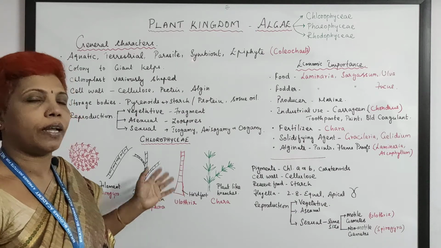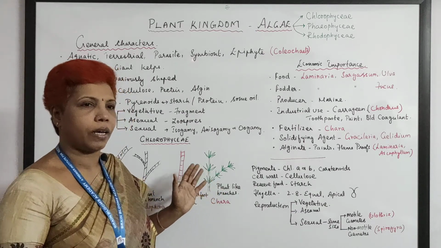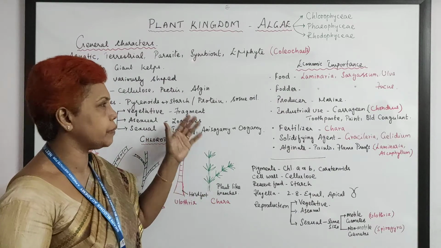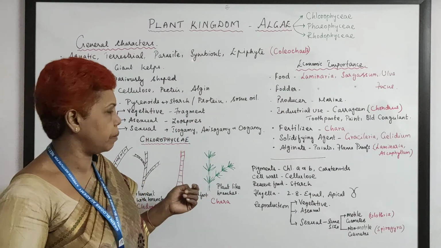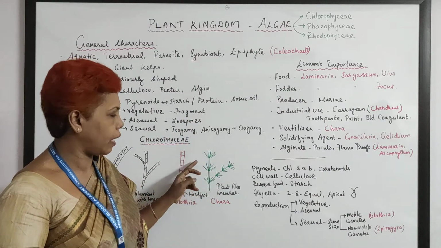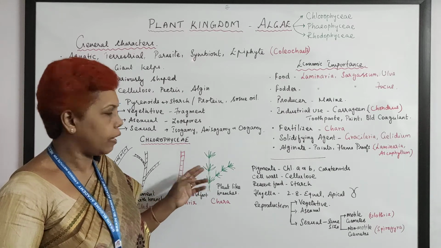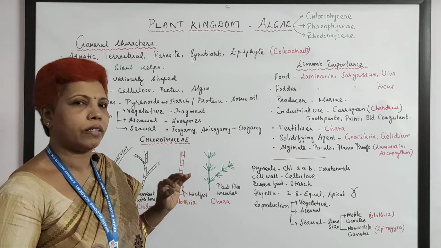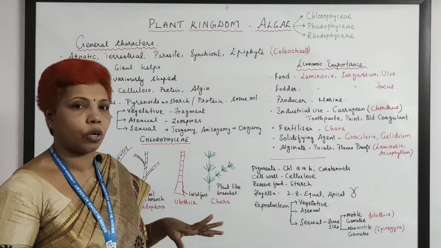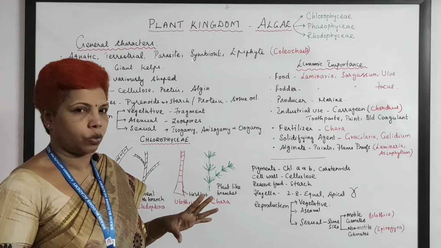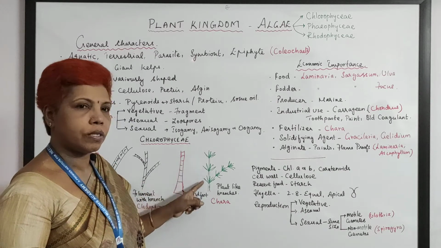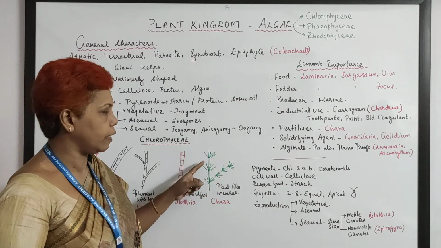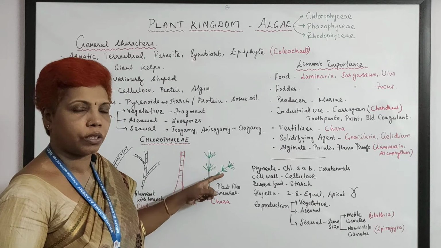So when you come to the next category, the highest category of Chlorophyceae members, here you have a Chara plant. Chara just looks like a higher plant, and it has well developed rhizoids. It is not a root because there is no vascular bundle. And look at this, these are the branches and these are the leaves, and you can have internodes and all that.